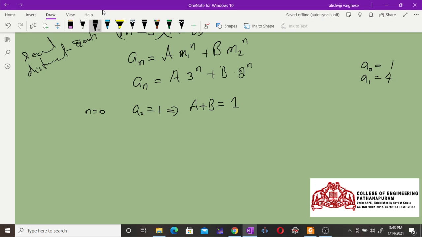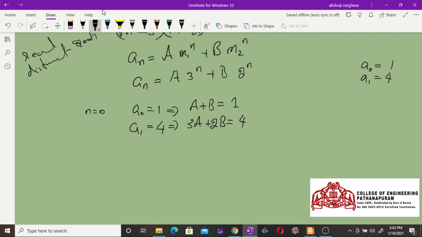And a1 is equal to 4. That means we substitute n is equal to 1, so it is 3a plus 2b is equal to 4.